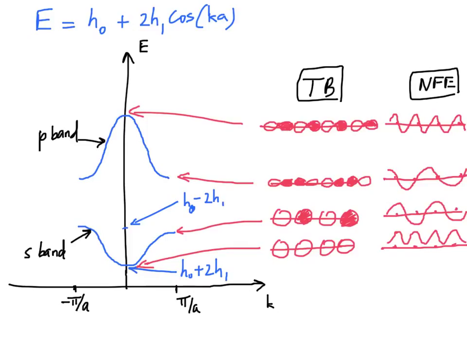Although we started at two extreme situations, we make the right approximations and we arrive at the same conclusions in the end, that we get bands and we get band gaps at special regions of the Brillouin zone and so forth.